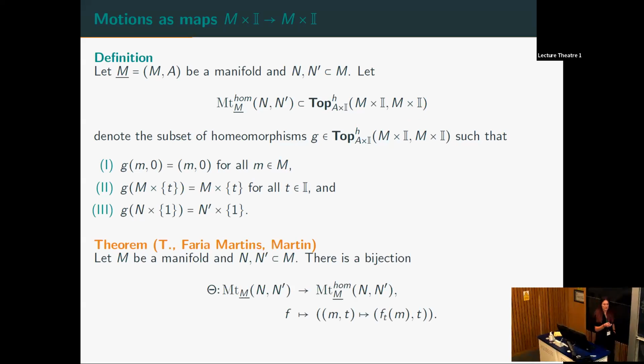And so it turns out that, as you might expect, there really is a bijection. The motions, as we define them, are exactly the same as these homeomorphisms M cross I to M cross I.